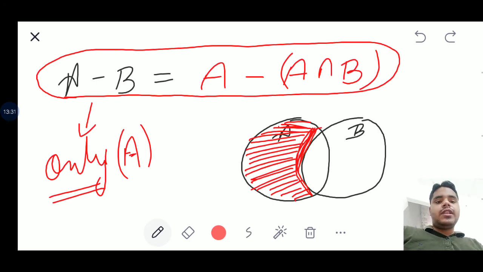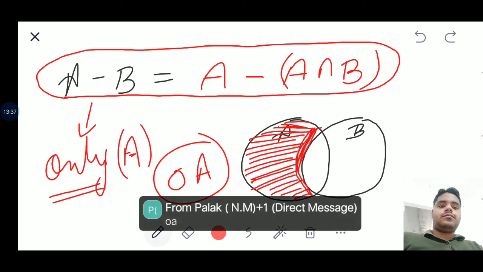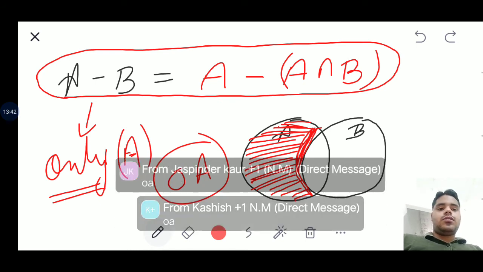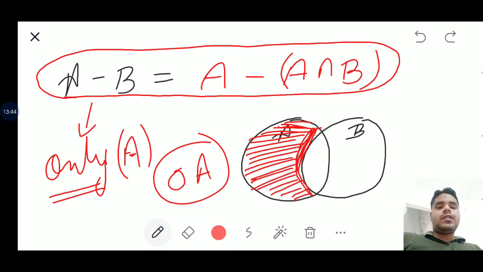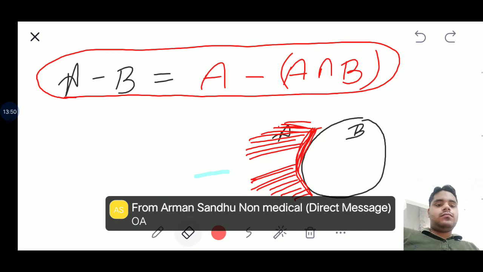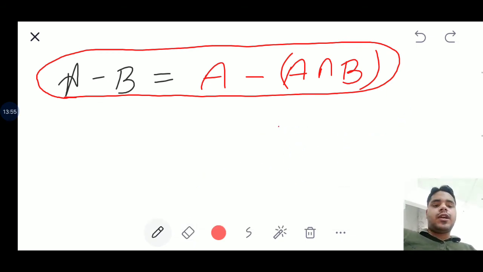Those who are clear with only A, type OA in the chat box. Good, Palak and Moldev. Good. So let's take an example. Just note down this formula.